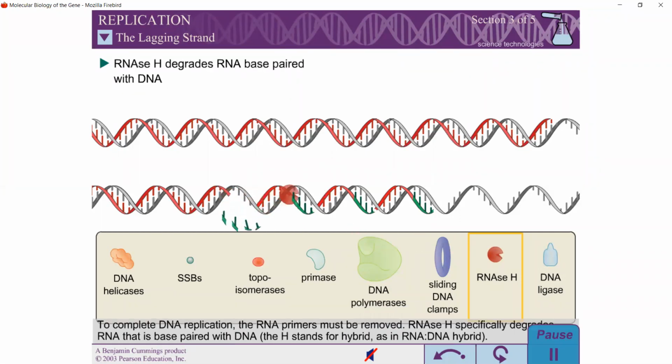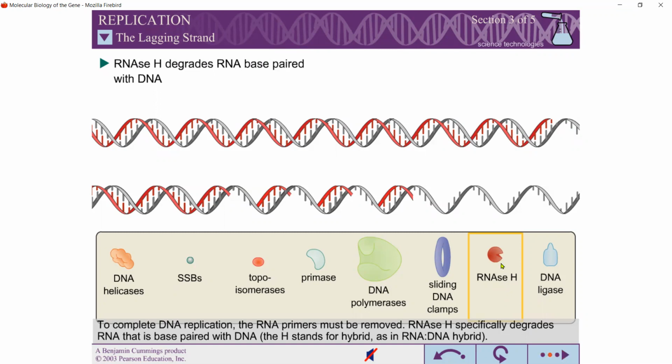Now coming to the final enzyme, RNase H. If you look at the name of the enzyme, the H stands for hybrid. RNase means any enzyme that can digest ribonucleotides. In contrast, DNase means any enzyme that can digest deoxyribonucleotides. So that's the basic difference.